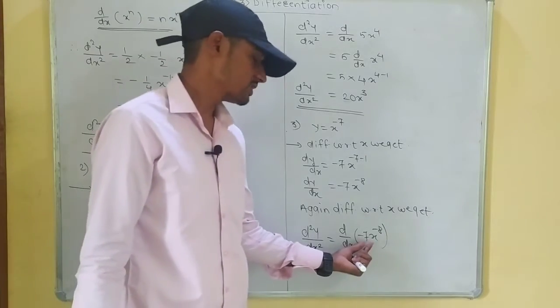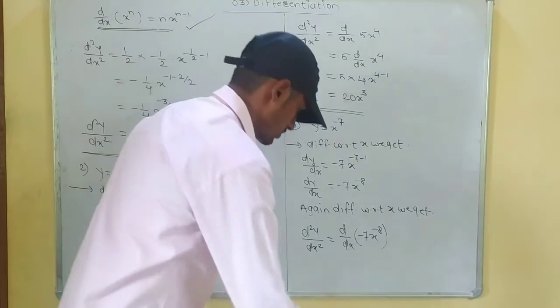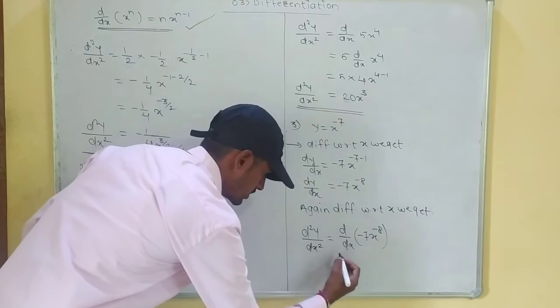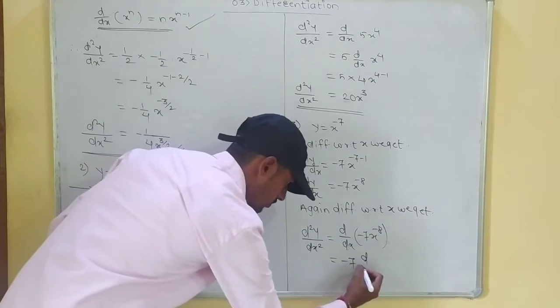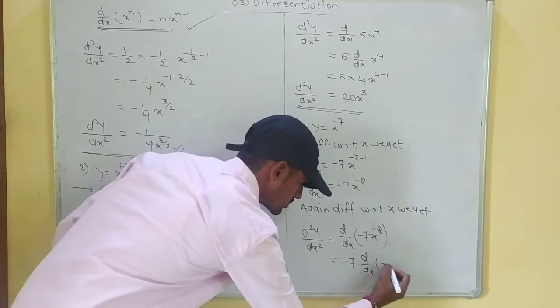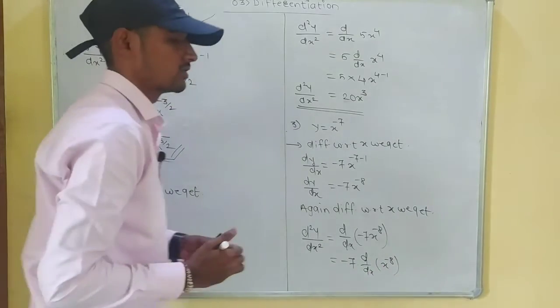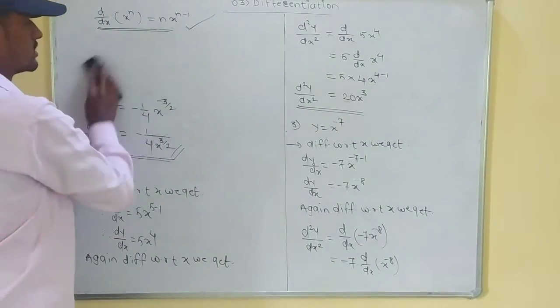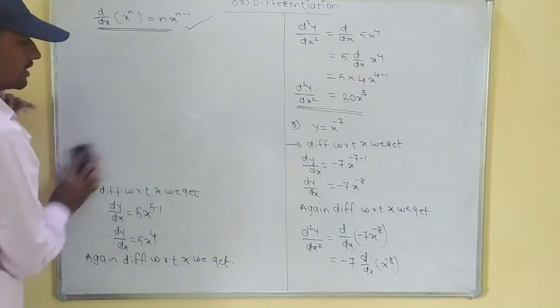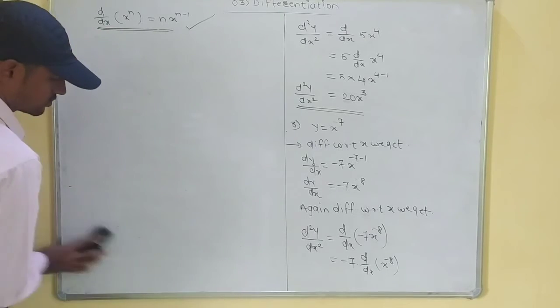Now minus 7 is the constant part, so take it outside the derivative, which is equal to minus 7 into the derivative of x raised to minus 8. The derivative is calculated like this, derivative of x raised to n.